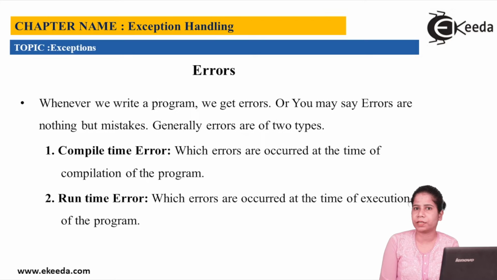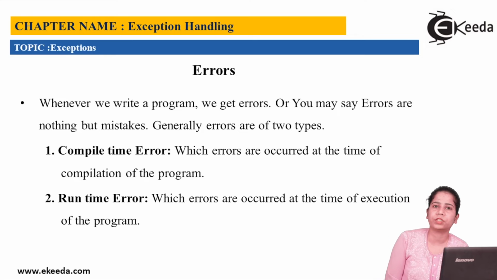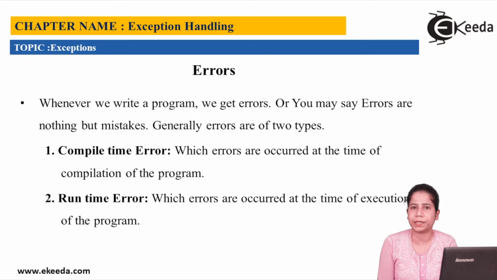Now in mathematics, whenever you divide any number by 0, it gives you infinity. But in the case of Java, it is not going to be handled, it is going to generate an exception. There is no infinity to be handled in Java. These are examples which need to be handled.